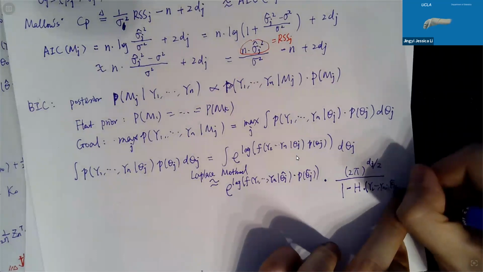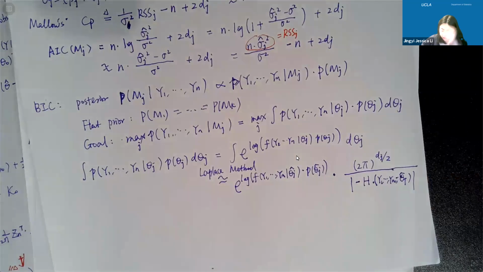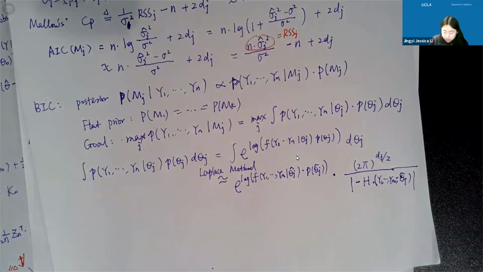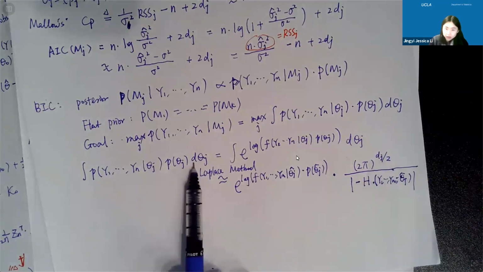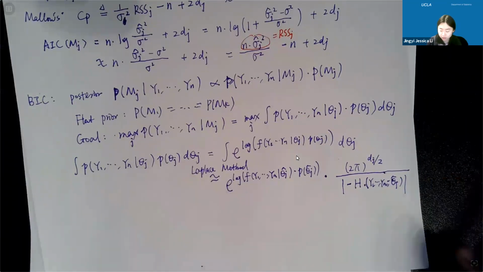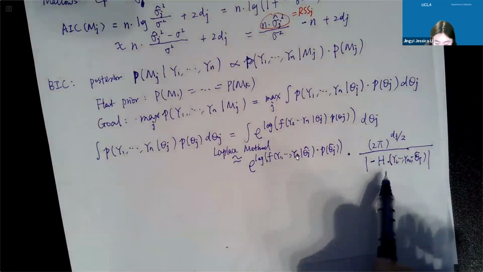It's the Hessian at theta j hat, the negative Hessian determinant. That's the normalization constant from the Laplace method. And dj is the dimension of theta j, because this is a multivariate integration. It's not univariate, because theta j is dj dimensional. So this part is the determinant.